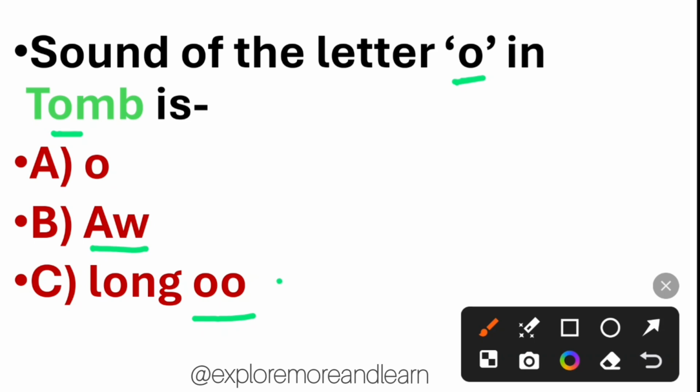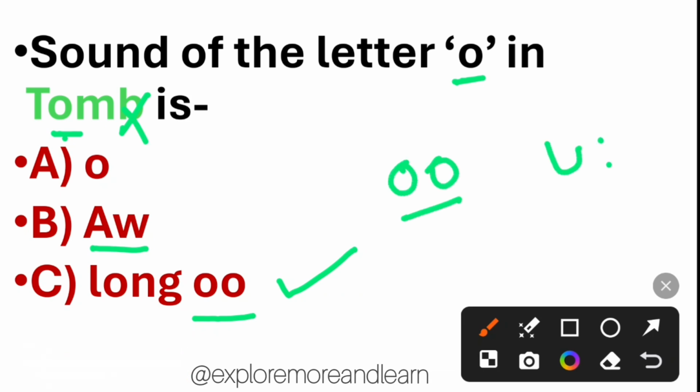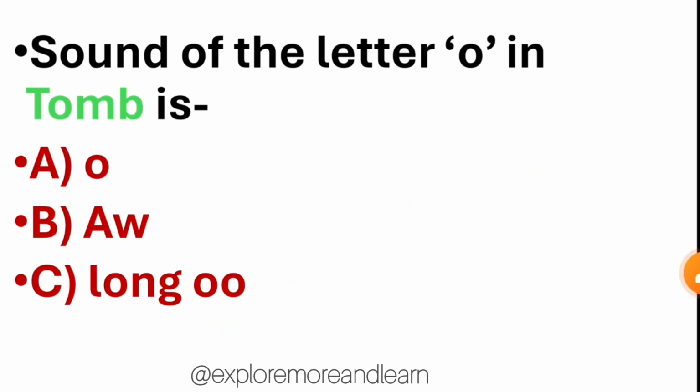The correct answer is oo. Letter O has a long oo sound, that is tomb, and letter B is silent. The phonetic transcription is a long oo. So this is tomb, not tom. Okay, and letter B is silent.